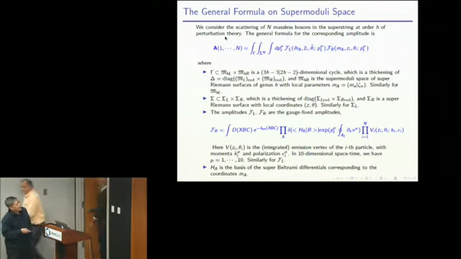So here, let me write down the right amplitude. It's a little bit heavy notation, so let's zero in on at least the most important piece of this expression at this moment. In here, this quantity h_a is a tangent vector to supermoduli space.